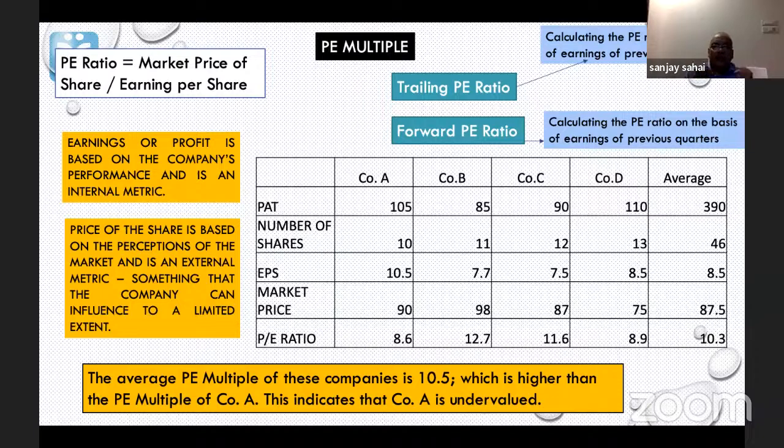And once you find this out for your company, you are then able to compare this with the PE multiples of other companies, and that gives you an idea about whether the market is undervaluing your company, in which case the price is very low, or the market is overvaluing the company, which means that it is much higher than the average. So that is basically how this thing actually works.